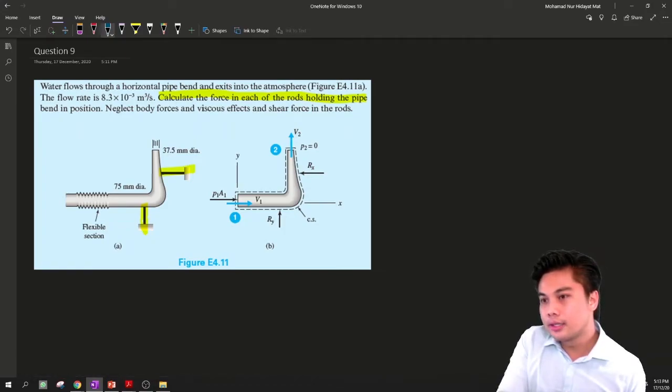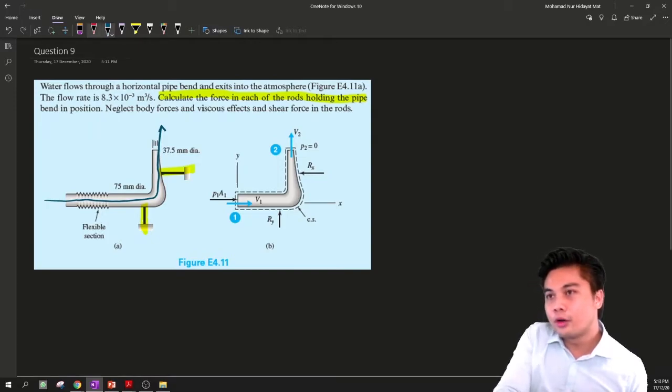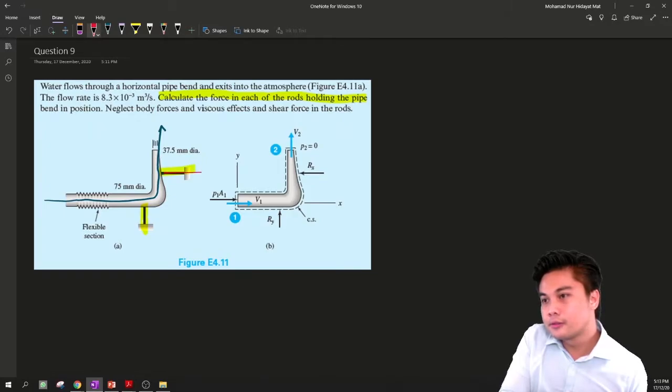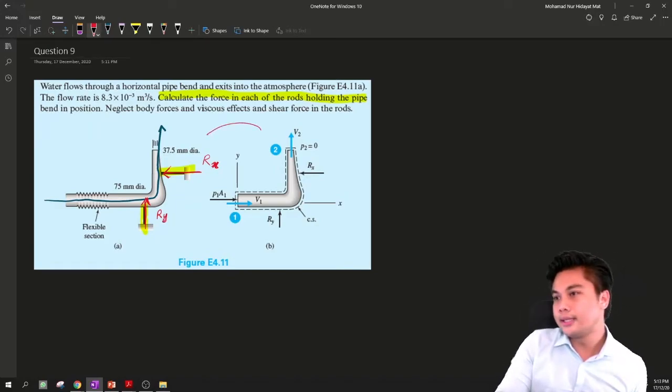Of course, the flow will be like this, and then there is a counter force, which we call the reaction force. Because of this weight, we need to counter this force. This is R, this is Rx, and this is Ry. You can see in this figure.